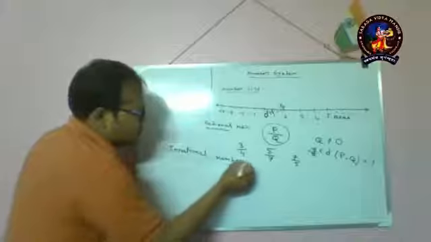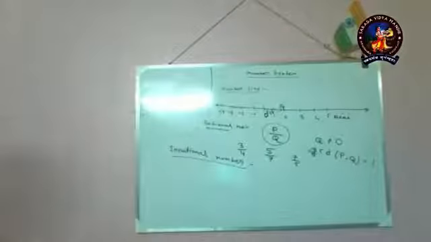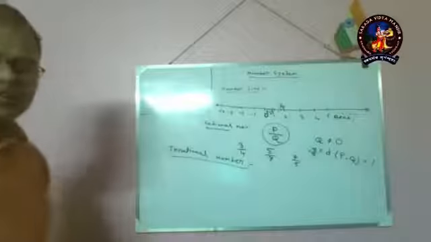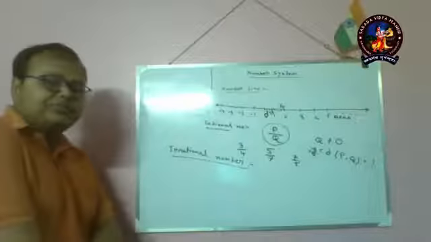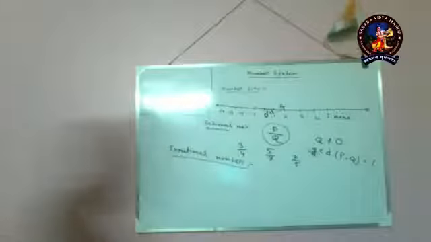This is a very basic definition of irrational numbers. But there is another definition also available. A number whose decimal expansion is non-terminating as well as non-recurring is called an irrational number.